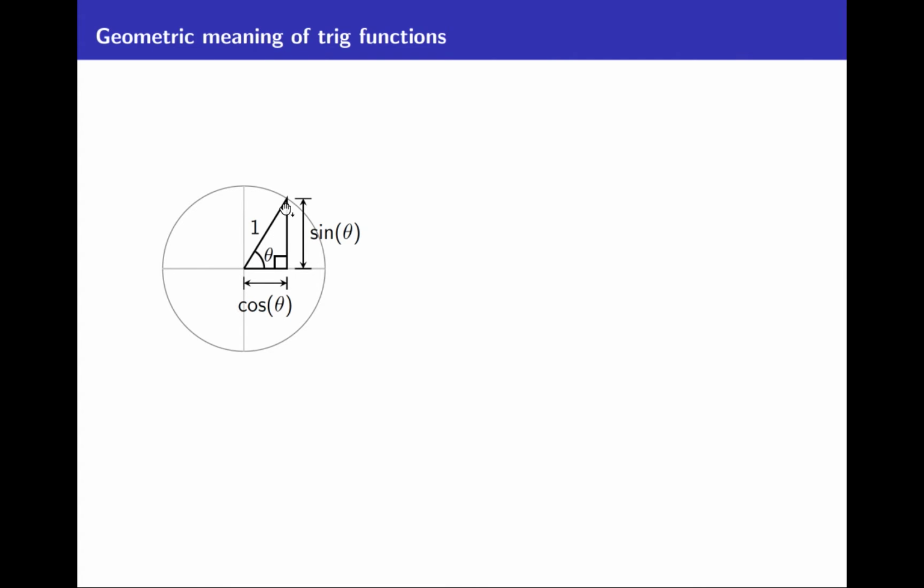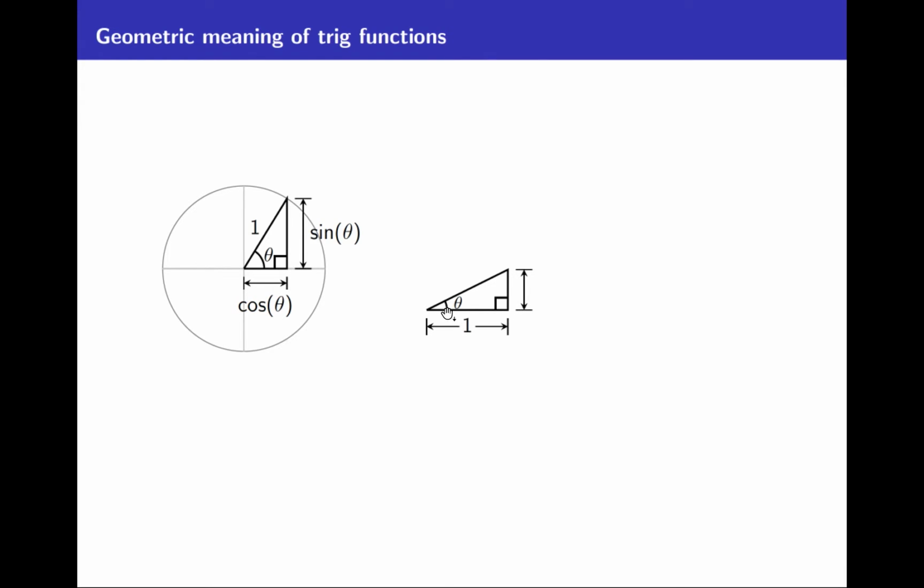Now in this picture, we had a triangle whose hypotenuse was 1. If you draw triangles whose adjacent or opposite sides are 1, then you get a geometric picture of the other trig functions. For example, think about this triangle here, where I have labeled the adjacent side as 1, and then the hypotenuse and the opposite sides have different values. Let's think about the opposite side.